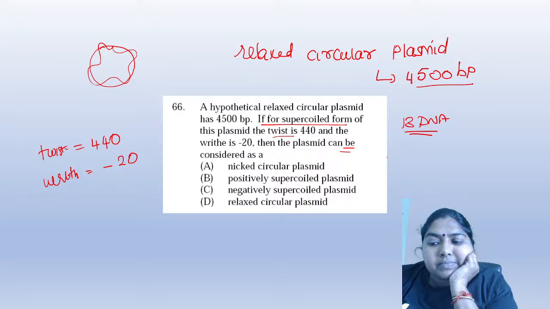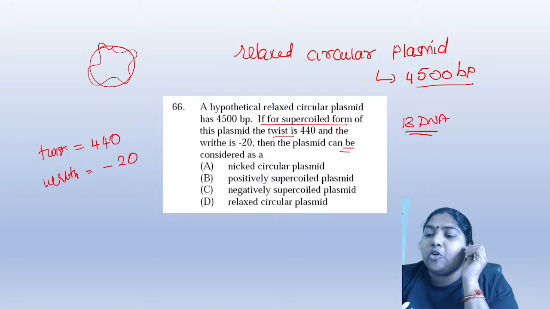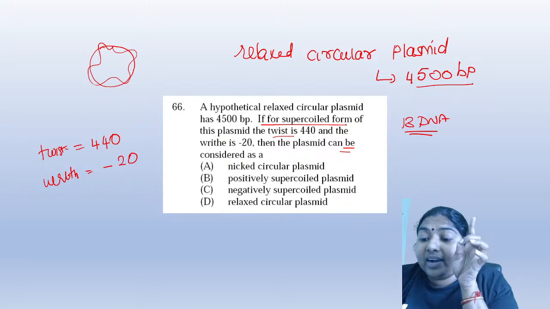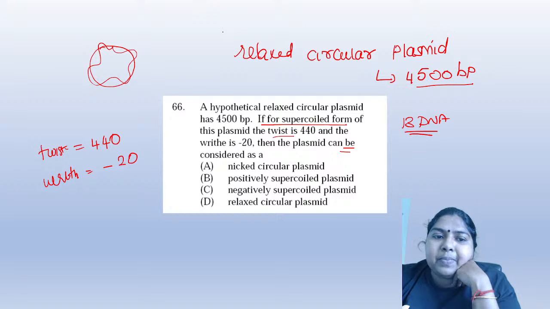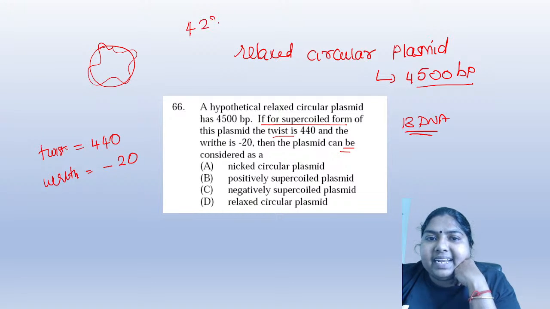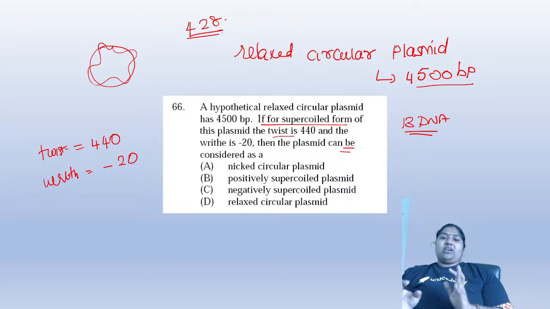For B-DNA, how many base pairs per turn? 10.5. So you have to divide 4500 by 10.5. You should have got 428 point something. This is the number of twists you should have got, so it should have been 428.